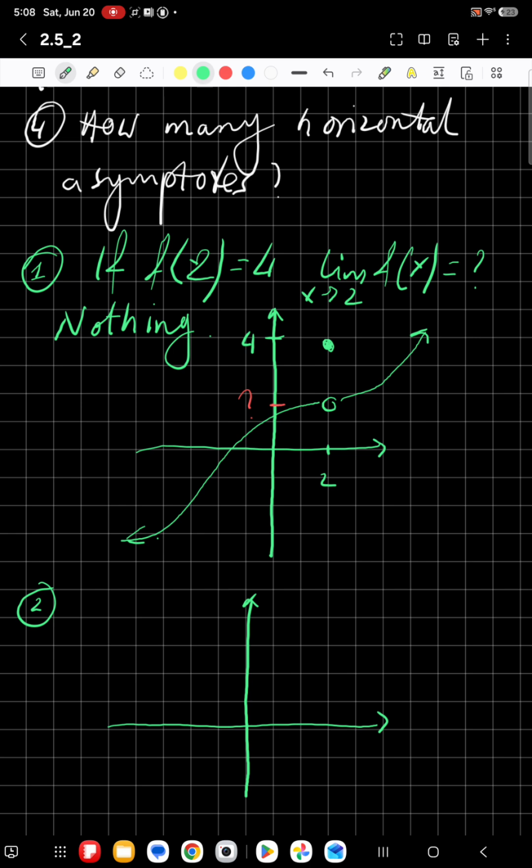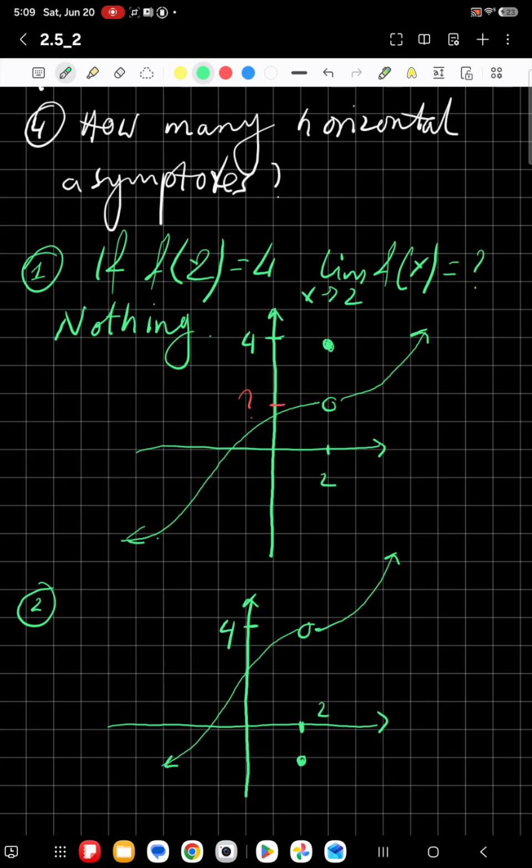If the limit as x approaches 2 is 4, let's draw another function. Okay, it could be something like this. And then, this is my 2. This is 4.